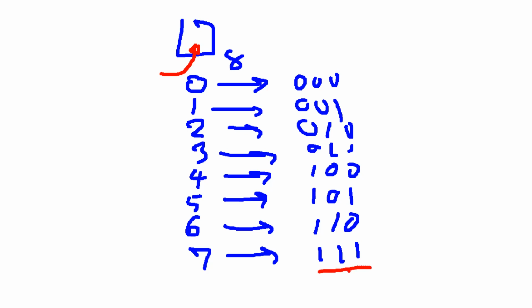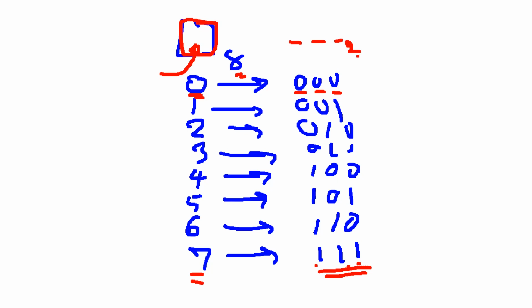Oh, it's full, right? For this 3-bit, it starts from 000 and finishes at 111. So it's a perfect fit. That means one digit of radix 8 is the same as 3 bits of binary, or radix 2.